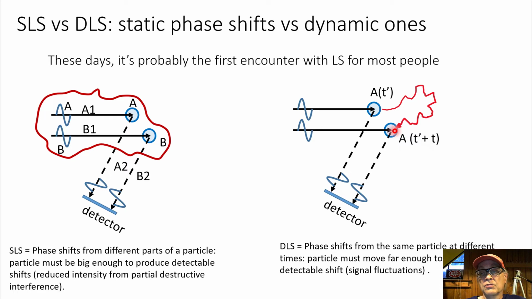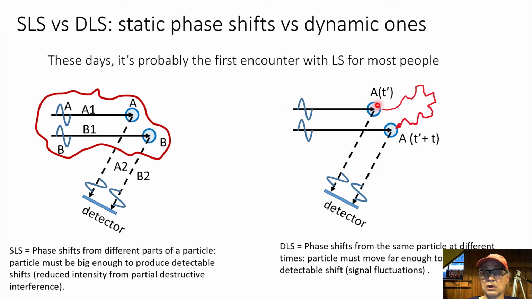at different times. And in fact, you see that I've erased the red thing here. So these could be very small particles, not on the same scattering object at all. Over here on the left, we're imagining that A and B are part of the same scattering entity, only in different locations.